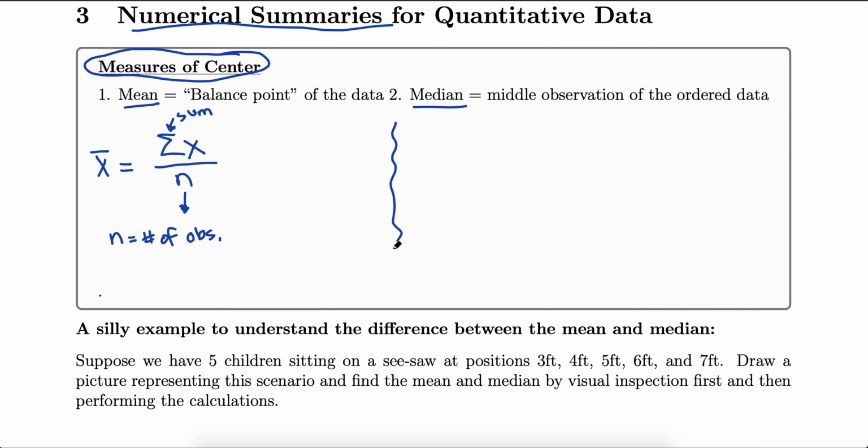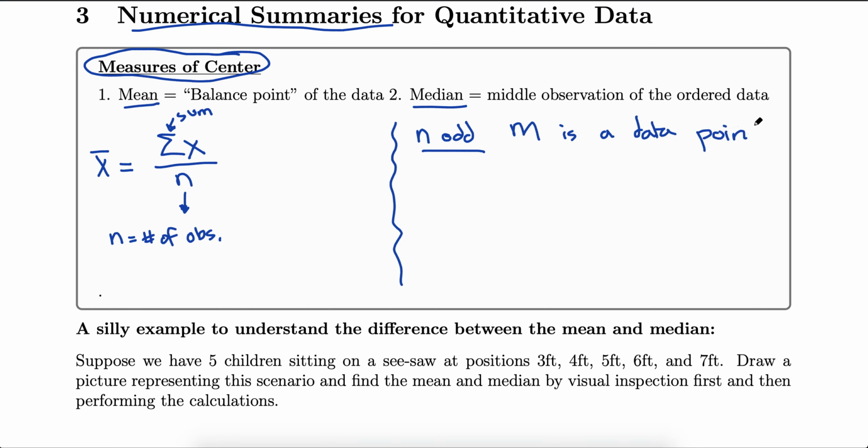The median, our middle point, is the median. And if you have an odd number of observations, the median will be one of those data points. So n odd, median is a data point.